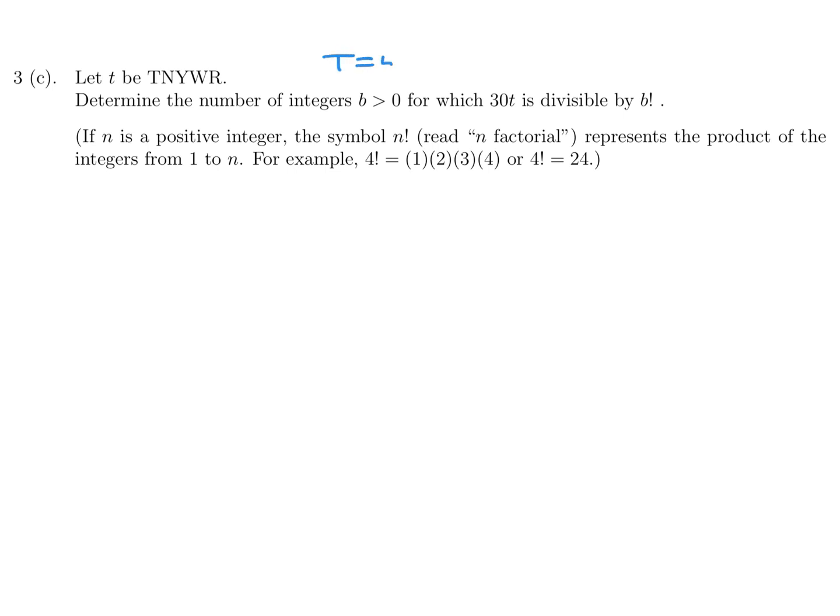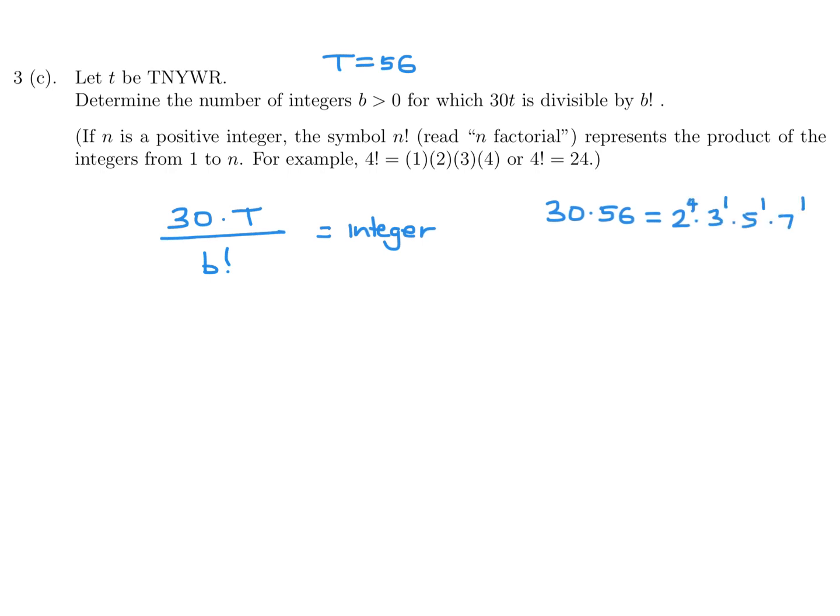T is 56. Determine the number of integers b greater than 0 for which 30t is divisible by b factorial. We want 30 times t to be divisible by b factorial, so that becomes an integer. Well, t is 56, so 30 times 56, the prime factorization of that is 2 to the power of 4, 3 to the power of 1, 5 to the power of 1, and 7 to the power of 1.